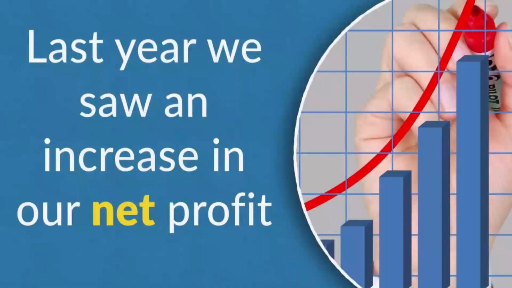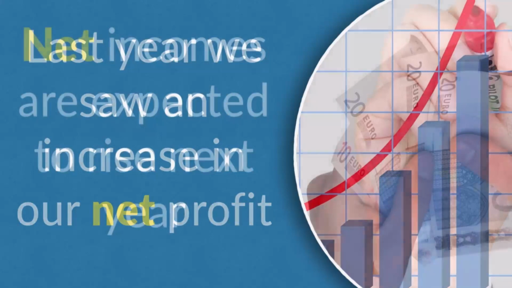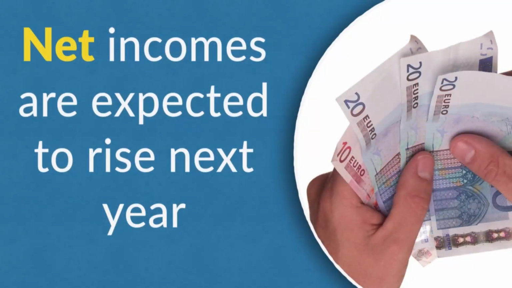For example, last year we saw an increase in our net profit. So a net profit is what remains after taxes and expenses have been subtracted. Net incomes are expected to rise next year. So after tax incomes.